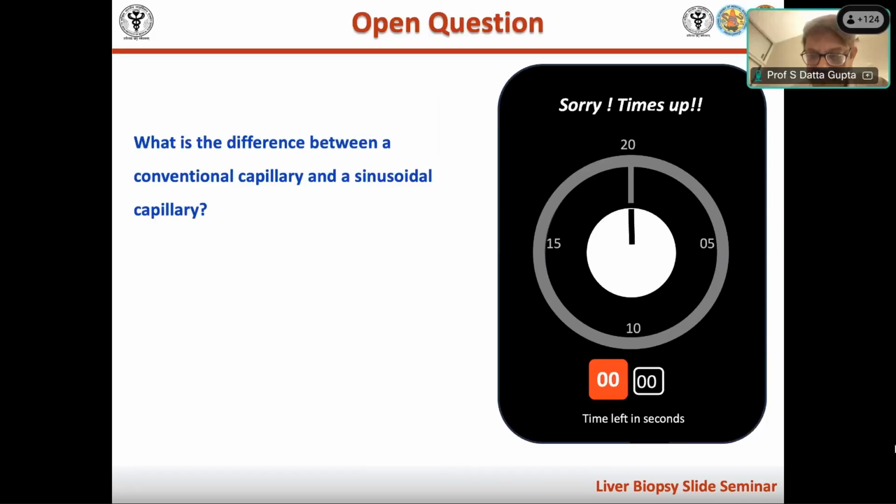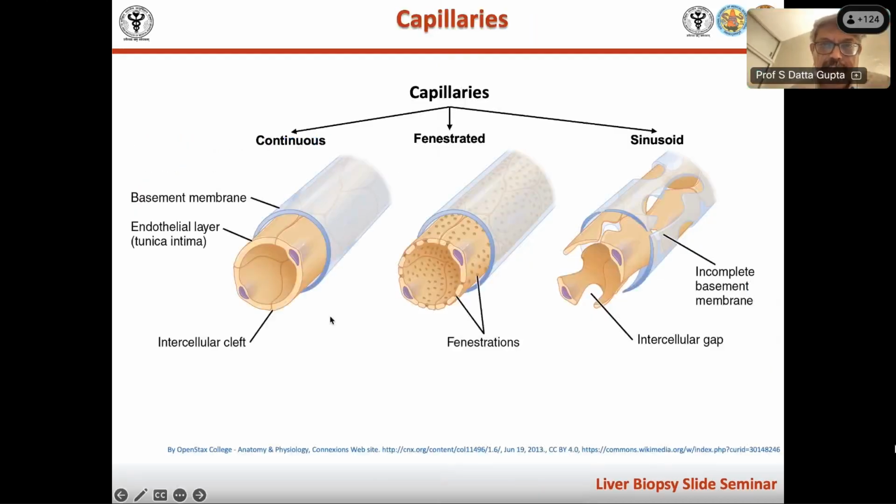Anything else? Okay, right. Do you know how capillaries are classified? Capillaries are classified into continuous capillaries, fenestrated capillaries, and sinusoidal capillaries. Right? Okay. And now you see this capillary is continuous. These two have got basement membranes without any fenestrations. The basement membrane in a sinusoid is incomplete.